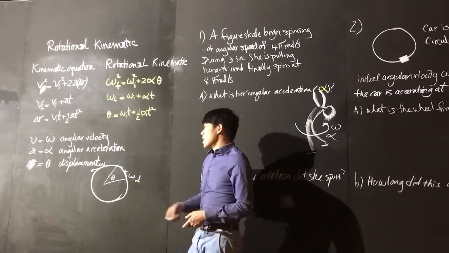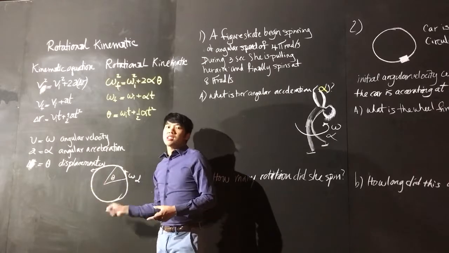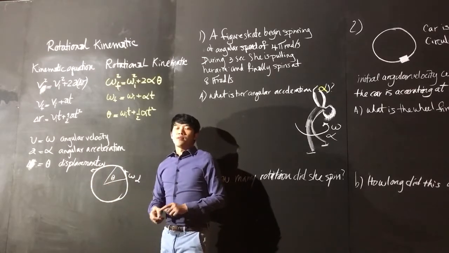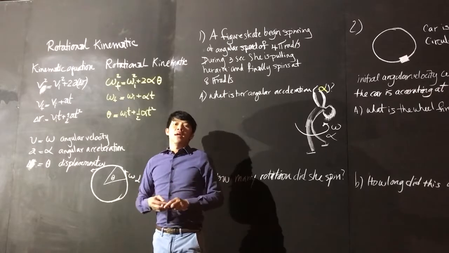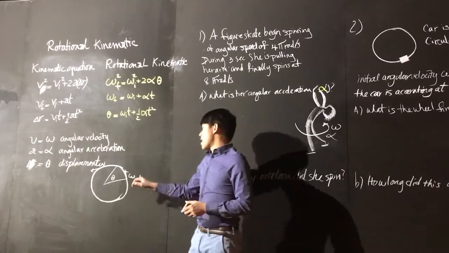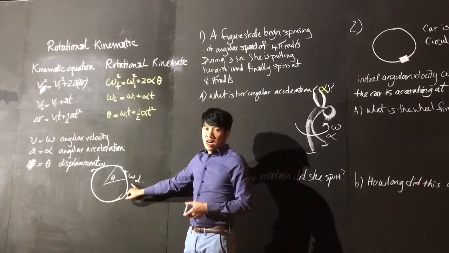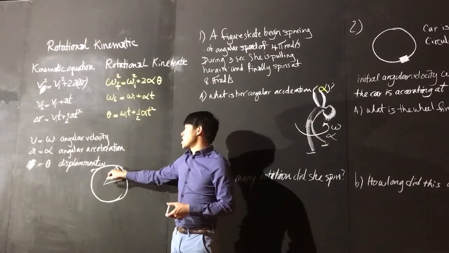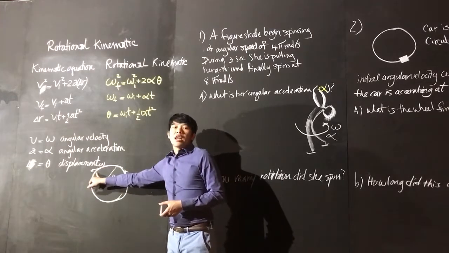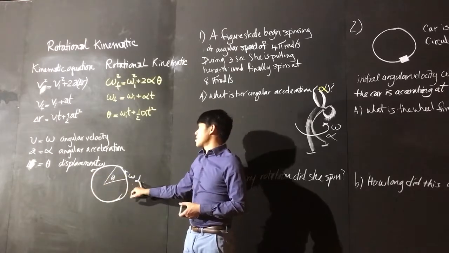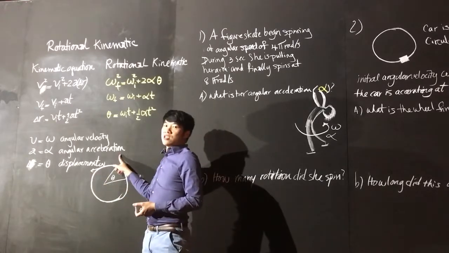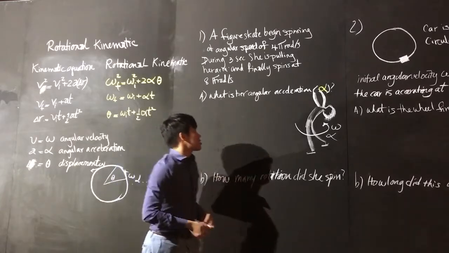If it doesn't have acceleration, or it remains with the same angular velocity, there should be no acceleration. But if the velocity changes, either slowing down or speeding up, then it will have angular acceleration.